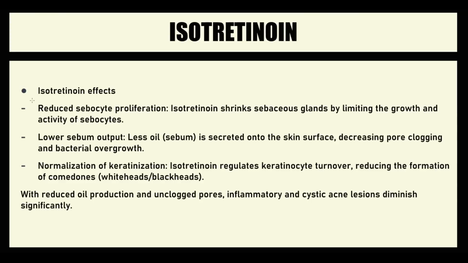So, exactly by reduction of sebocytes proliferation and by normalization of keratinization, isotretinoin significantly diminishes formation of acne, and many patients experience permanent or at least long-term remission even after one complete course of isotretinoin.